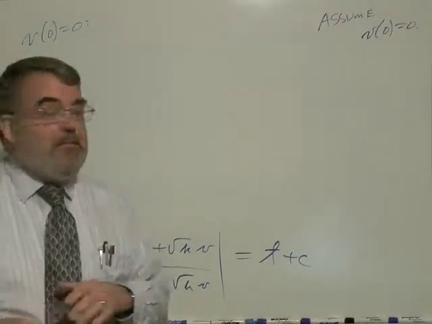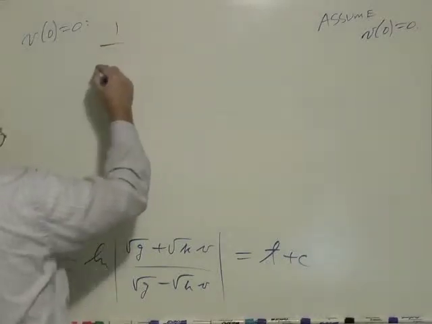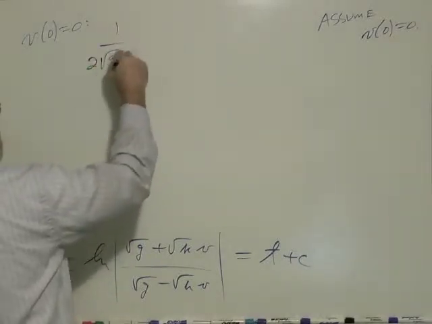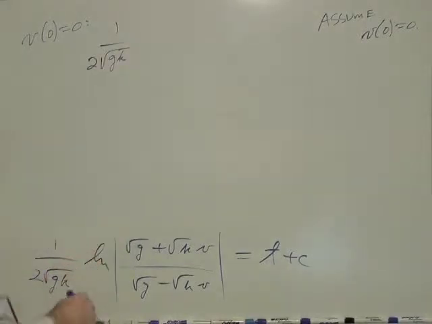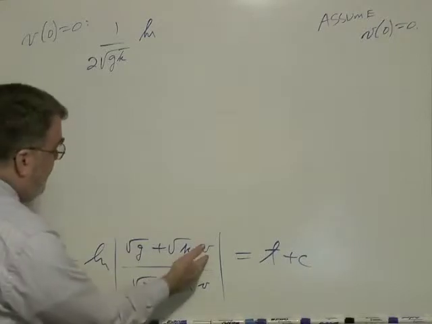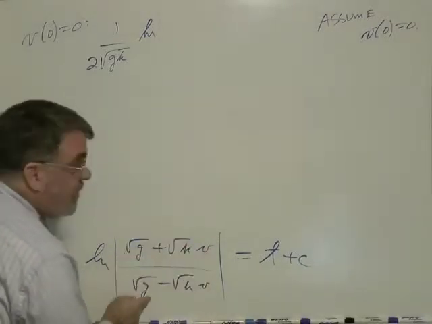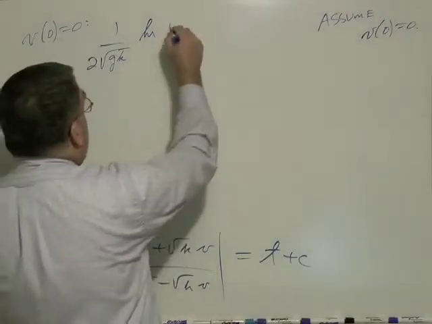So if we plug in the initial velocity of 0 down into here, I'm going to get 1 over 2 square roots of gk times the natural log. And what do we have here? If I put zeros in for v's, this whole part's 0. I have the square root of g over the square root of g, which is 1.